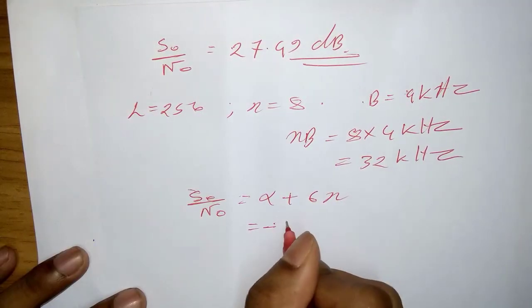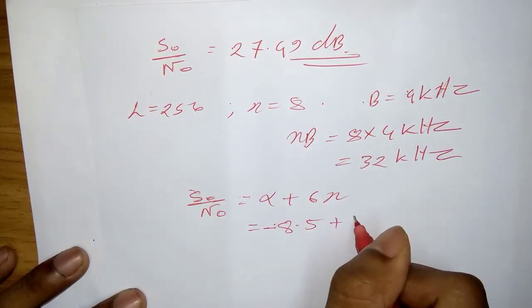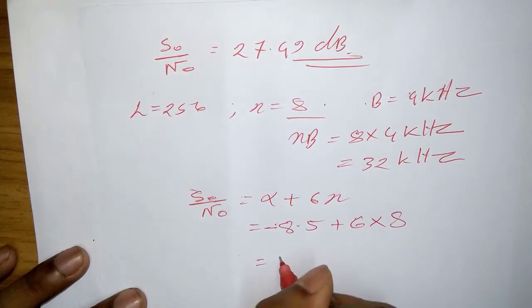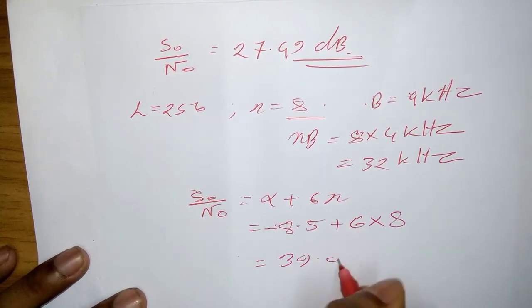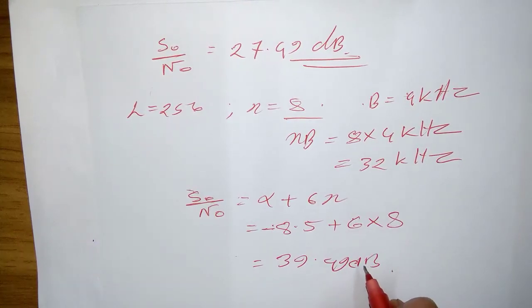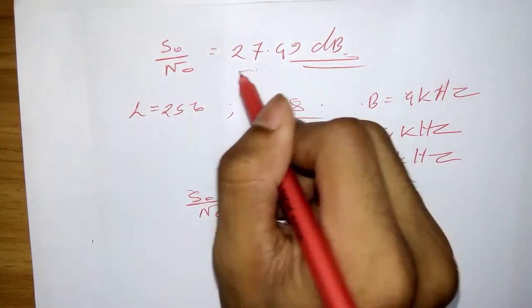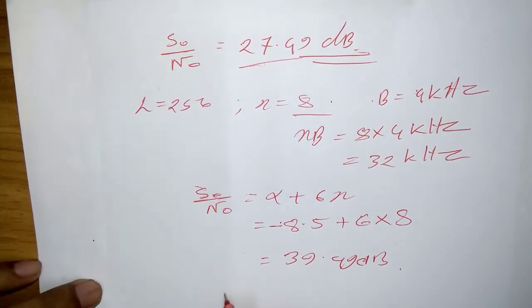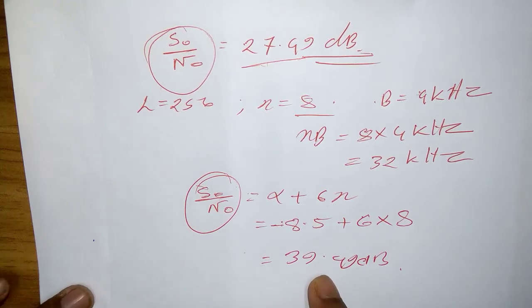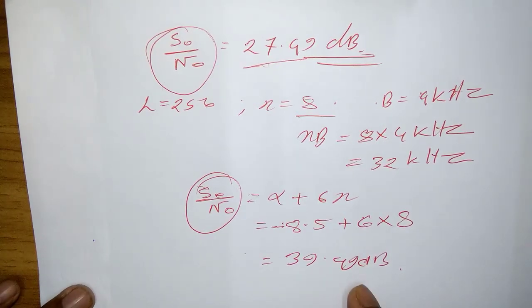So minus 8.5 plus 6 × the value of n, which is 8, equals 39.49 dB. So the difference between the two SNRs is 12 dB. Here is 27.49 and here is 39.49, a difference of about 12 dB.